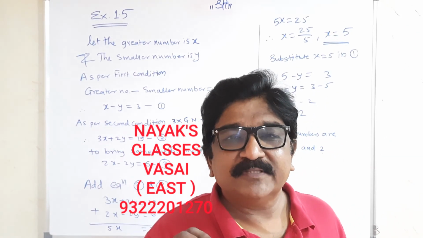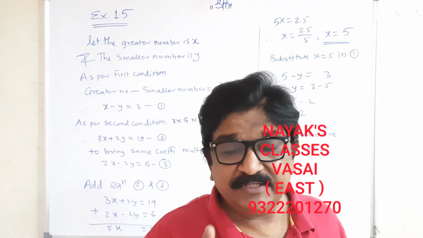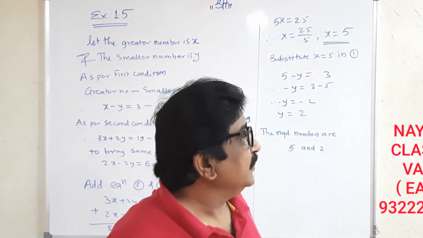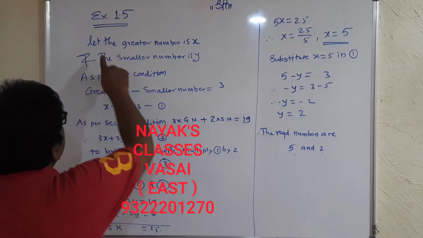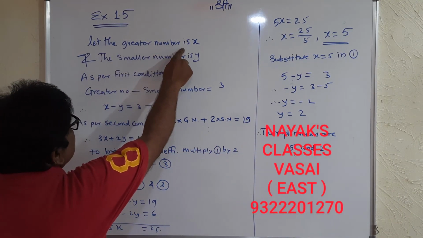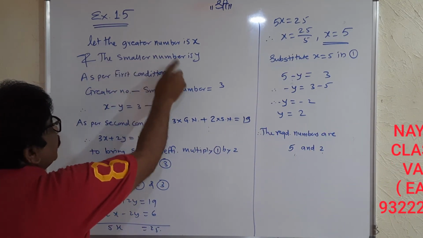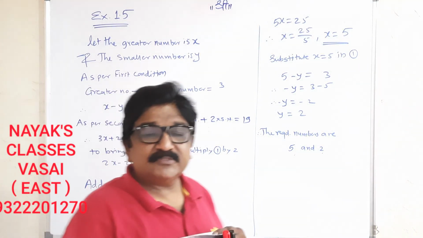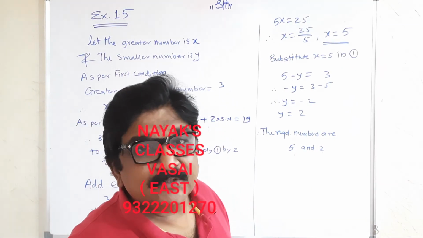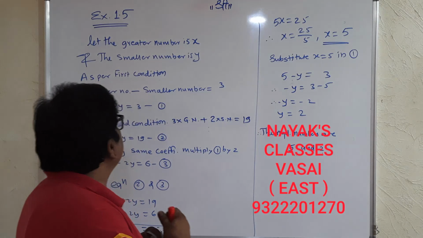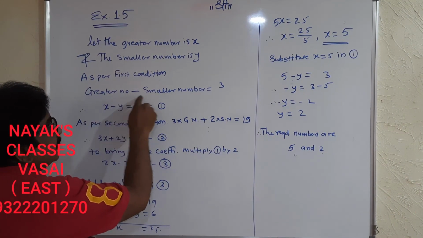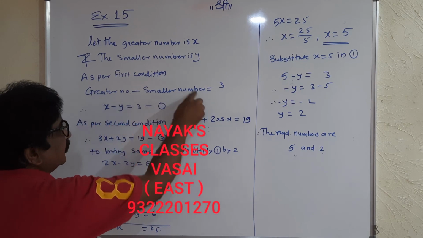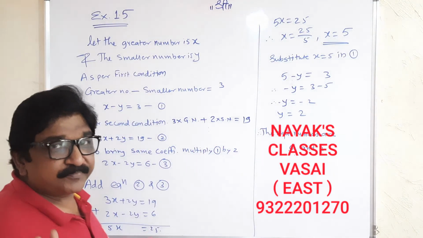These type of things happen, so assumption is very important. In this example, we have assumed let the greater number be x and the smaller number be y. These assumptions are very important. So, after assumption, as per first condition, greater number minus smaller number is equal to 3.